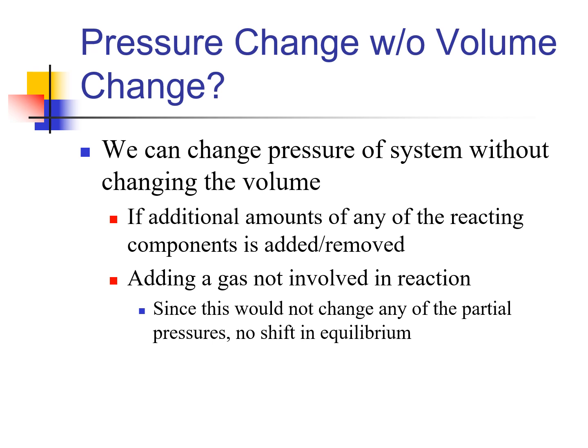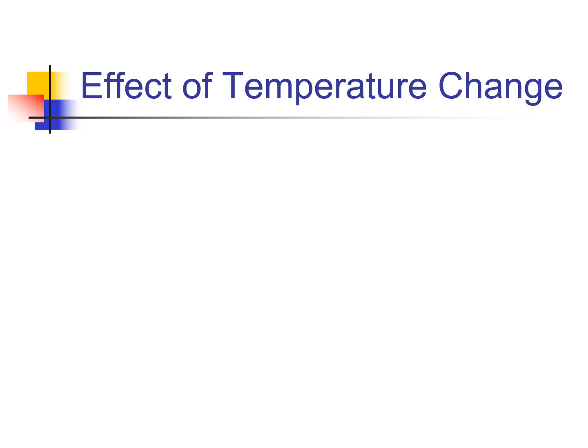Now, if I add something that's not involved, that changes nothing. So if I have a reaction and we pump the container full of argon, and argon's not involved in the reaction, no change. It didn't change the partial pressure of any of the others, so it doesn't change anything.